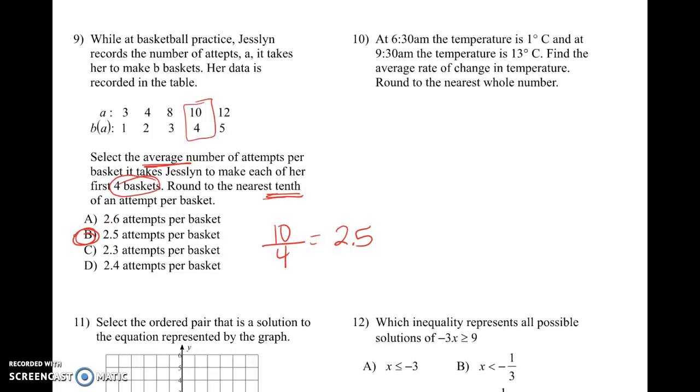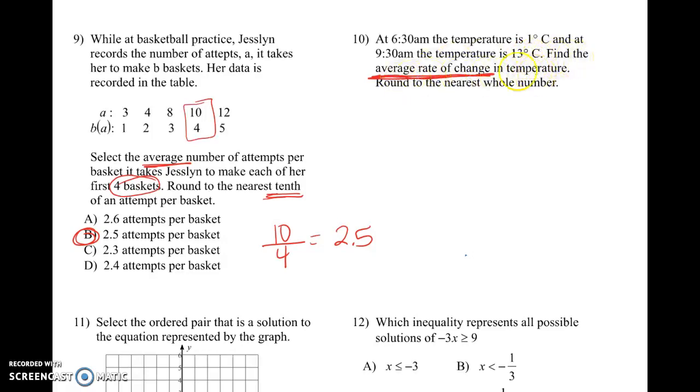Now I want to point out that this is saying select the average number of attempts, and number 10 is going to ask us for the average rate of change. That's a little different here. So let's read number 10. At 6:30 a.m. the temperature is 1 degree Celsius, and at 9:30 a.m. the temperature is 13 degrees Celsius.